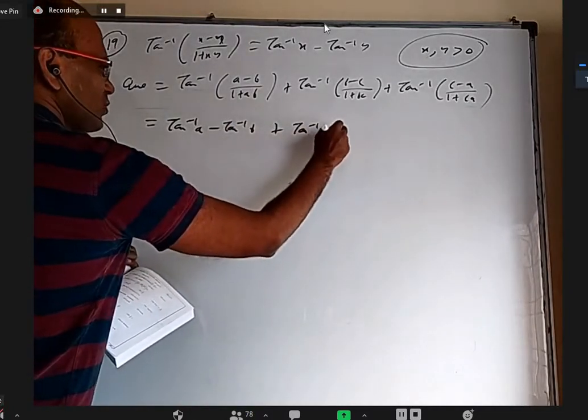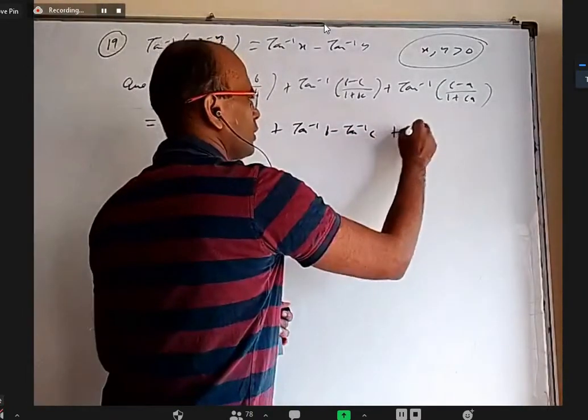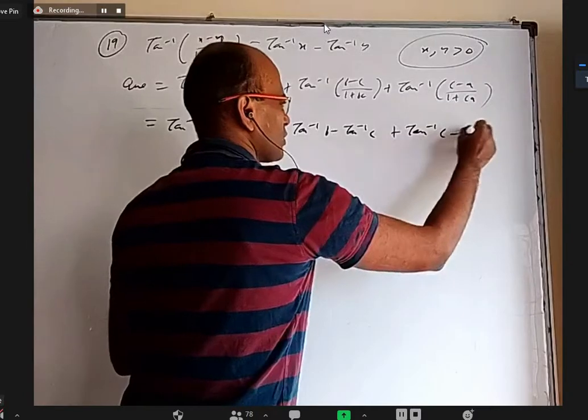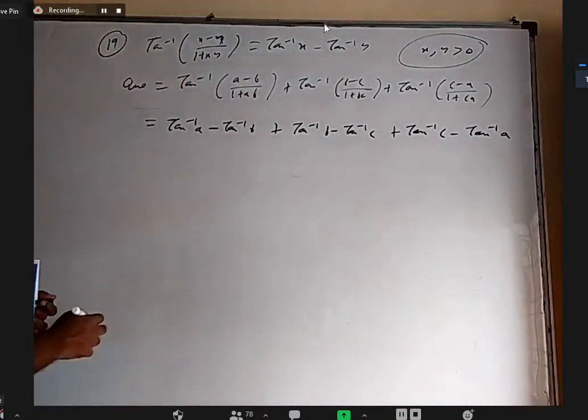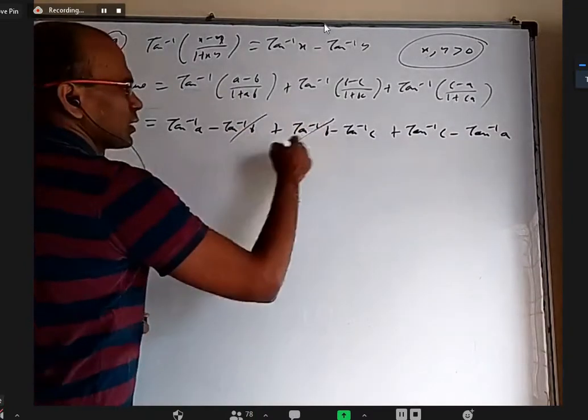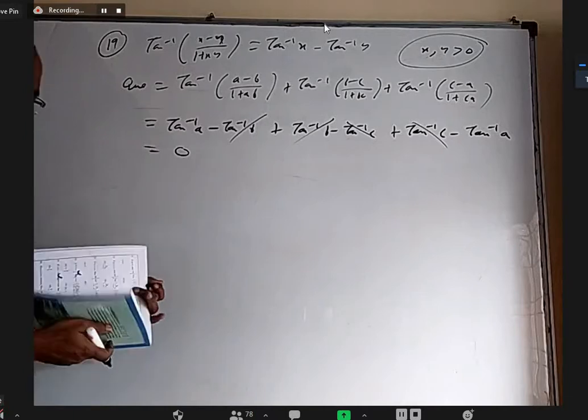This one is tan inverse b minus tan inverse c. And this one is tan inverse c minus tan inverse a. All will cancel. You can see these two will cancel, these two will cancel, first and last will cancel, we'll get 0.